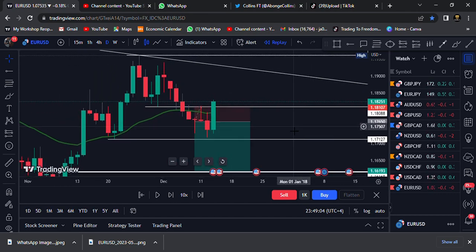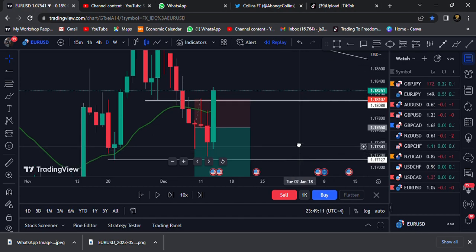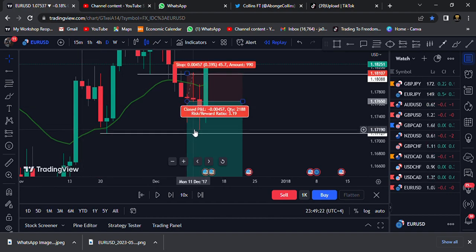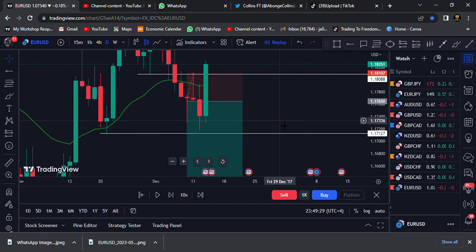So we were actually in for profit, but because of 5 pips, unless for those who could, like in a live trade, at least at the 15 minutes or 1 hour time frames, you must have noticed price going back, and price must have formed reversal signals at the lower time frames. That is when you could have gone out of your trade.